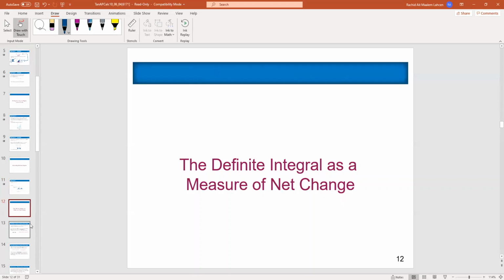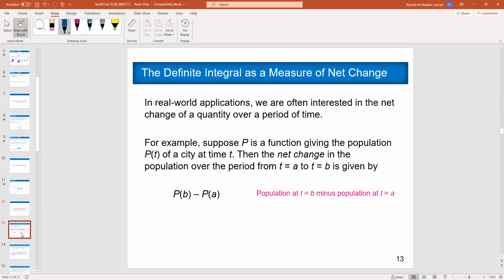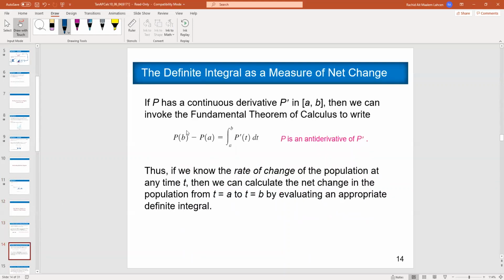And one nice application from this is the net change theorem, because we saw something here. We saw that if you have a function here as a derivative, then its antiderivative is the function itself, right?